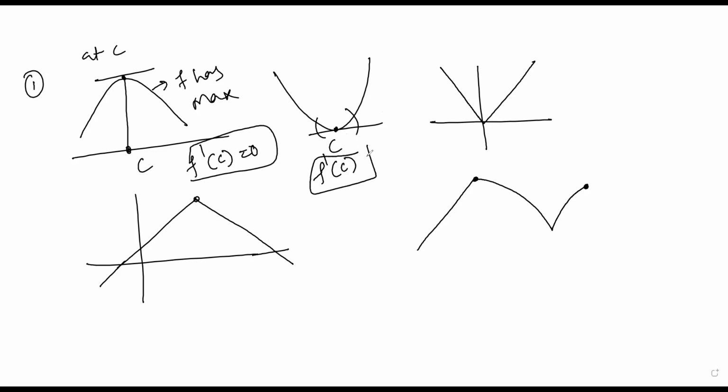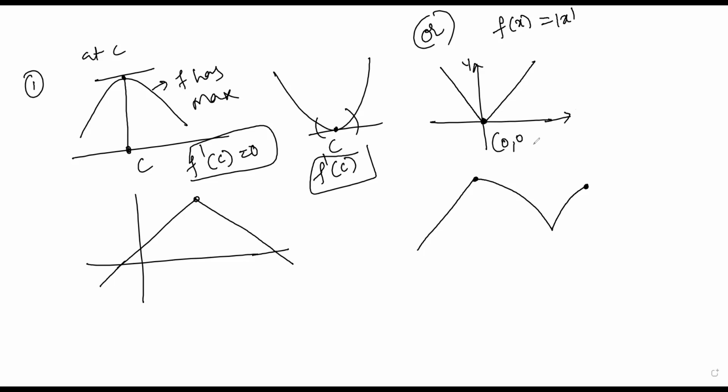But this is not the case for all. Another point is there. Here also, its minimum value is 0. This is the x-axis and y-axis, because always f of x is mod x, so it's not differentiable. That's the reason I have taken this function.